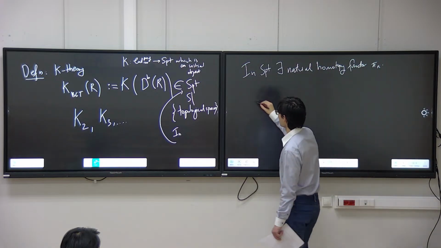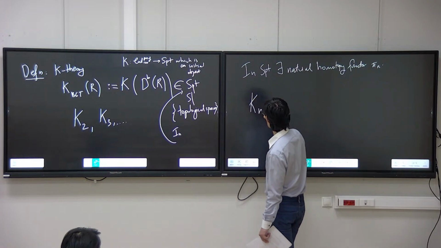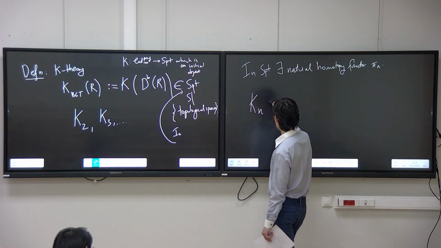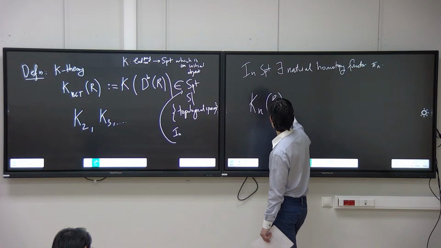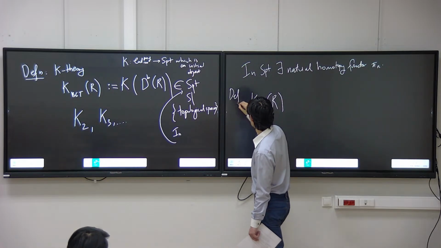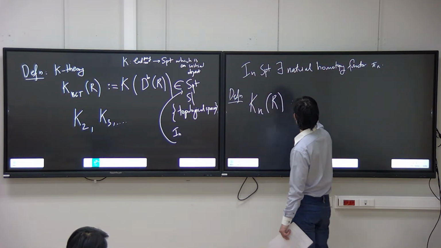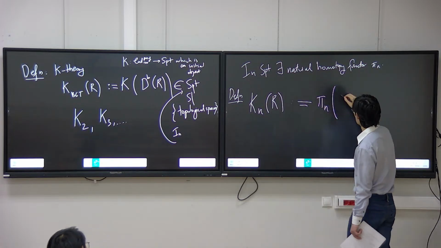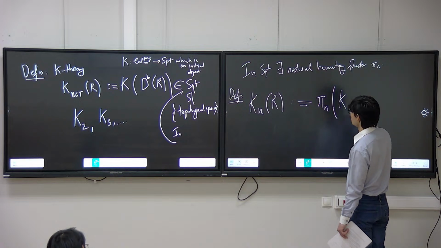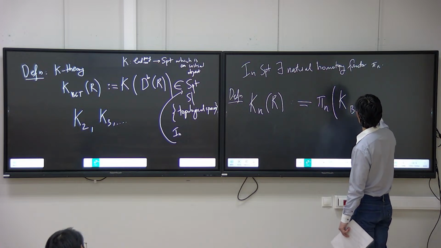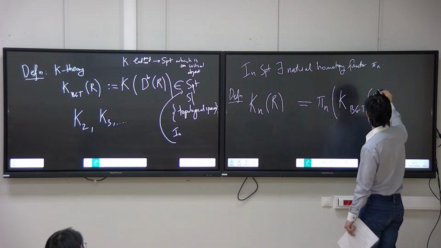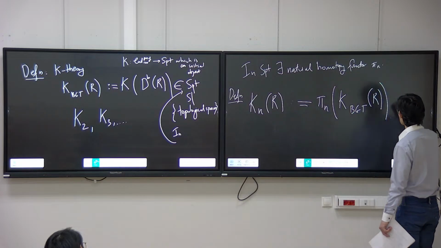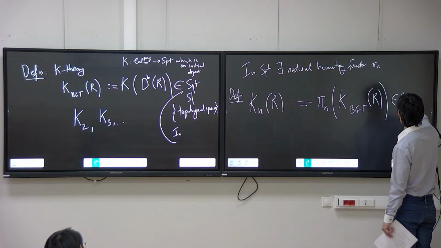And then we can define K n of R, so definition, to be pi n of this K BGT. And this is an honest, I guess, abelian group.